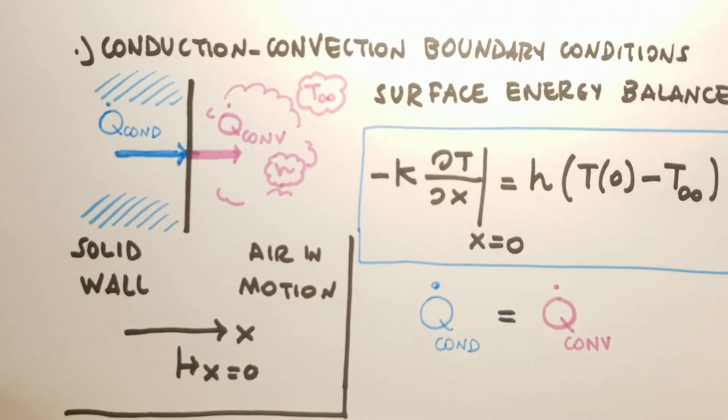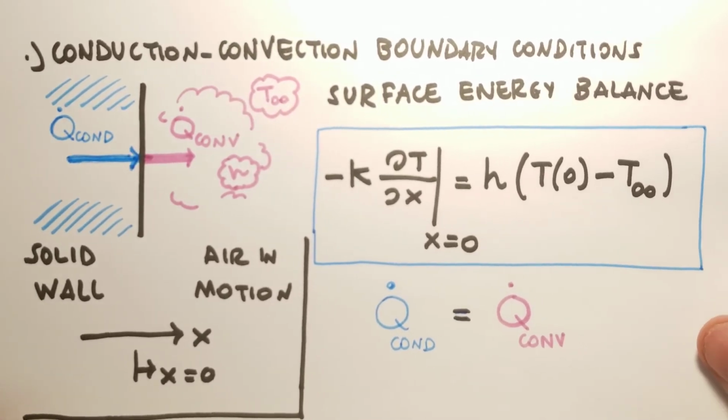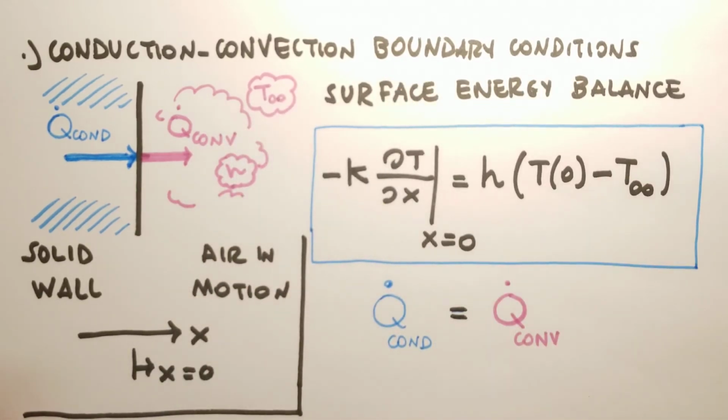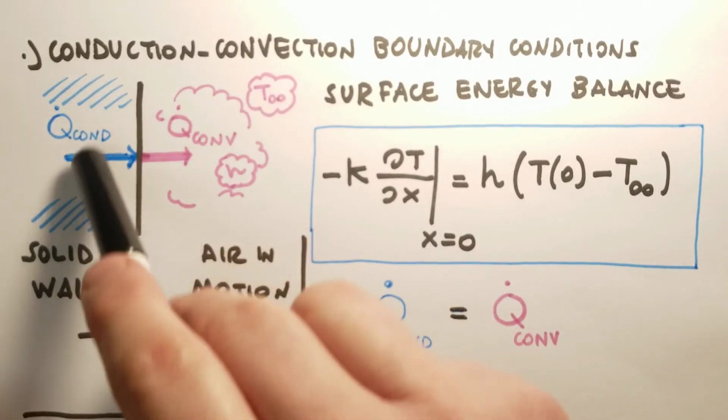A more complicated case, which is probably my favorite, is the case of a conduction-convection boundary condition. For example, we can have a wall, here colored in blue.